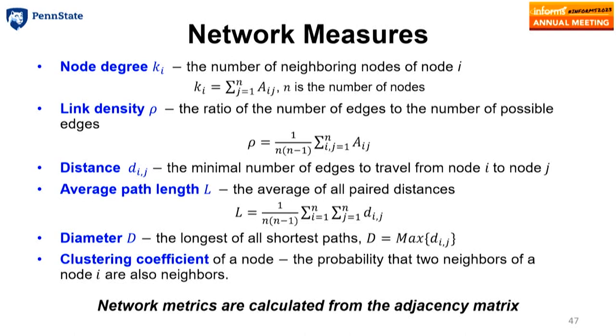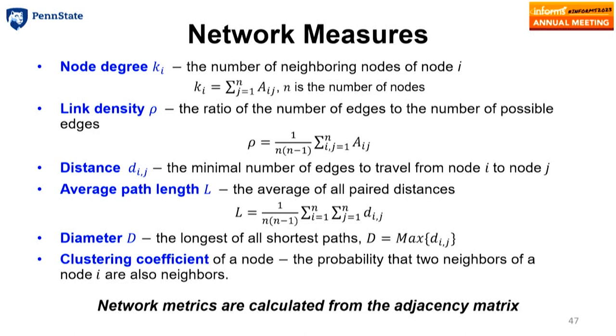That is the node degree. Link density is the ratio of the number of edges to the number of possible edges. We just count how many ones we have in Aij, and then divide by the total number of possible edges. This will be the link density.